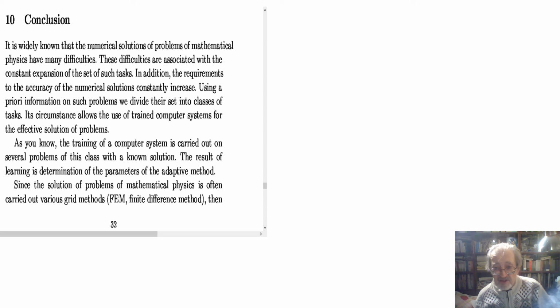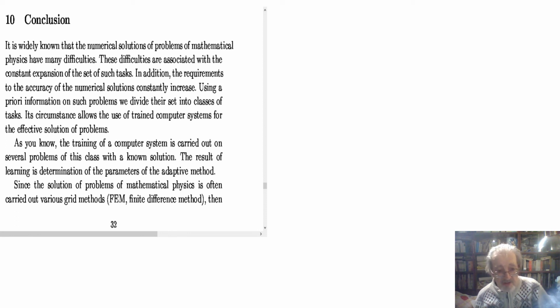In addition, the requirements to the accuracy of the numerical solutions constantly increase. Using a priori information on such problems, we divide their set into classes of tasks. This circumstance allows the use of trained computer systems for the effective solution of problems.